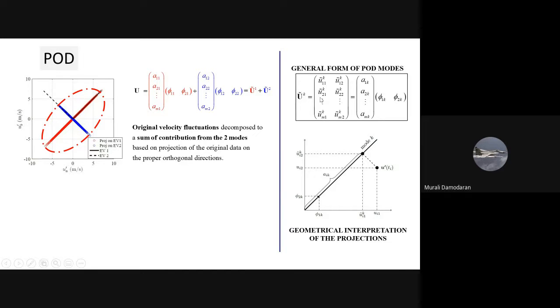So when you look at the general form of writing these POD modes, these are called POD modes. Its general form is this, and to understand the geometrical interpretation, you can do it if the data is 2D, like only two data points, but the values of the two data points vary over time, and you can see the geometrical interpretation is given here. If I have a data point here, this one will be the actual one. This is the projected one.